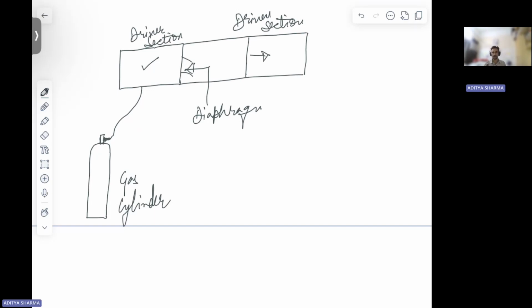Now, you have a shock, but there is also gas. So there are two things: one is your shock, one is your gas.